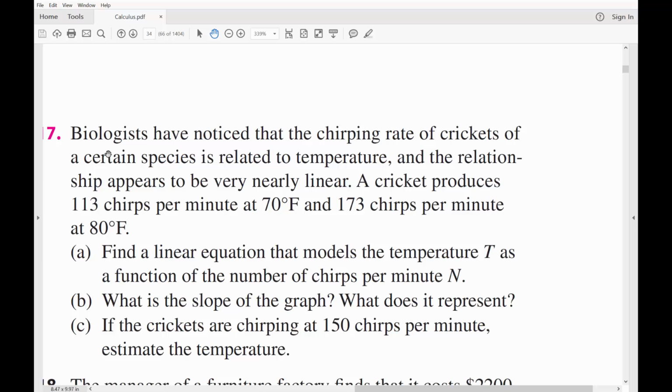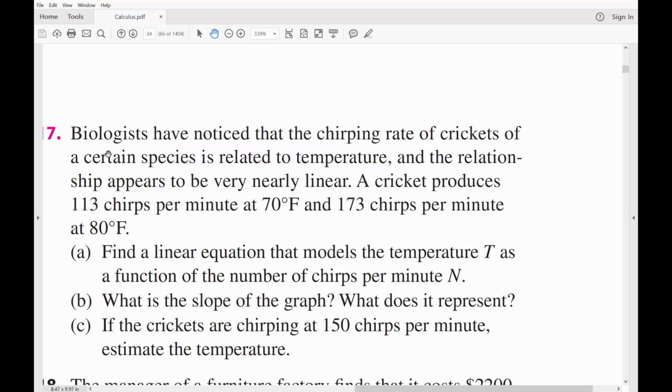The cricket produces, when the temperature is equivalent to 70, the number of chirps, and we're going to represent it by n, equivalent to 113 chirps per minute. And when T is equivalent to 80, then we have n equivalent to 173.